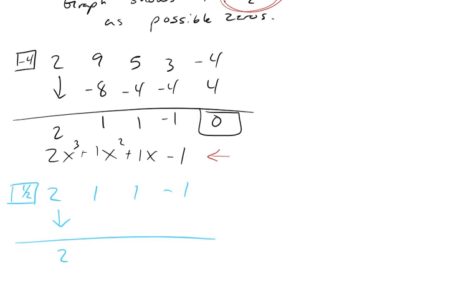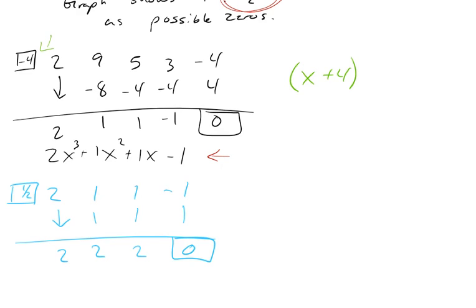2, 1/2 times 2 is 1. 1 plus 1 is 2. Half of 2 is 1. 1 plus 1 is 2. Half of 2 is 1. -1 and 1 makes 0. So this one here on top gives me x plus 4.